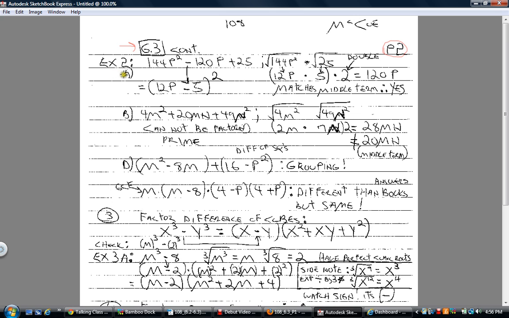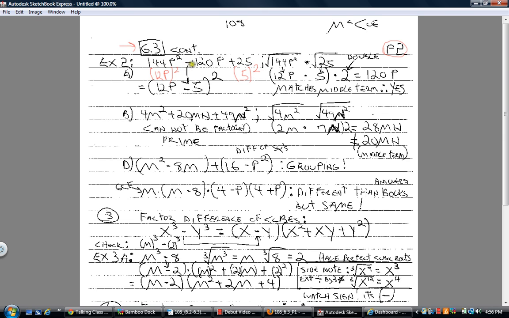Example 2 asks you, can you factor this trinomial? The first hint is, can you take the square root of the first term? Hopefully you're saying yes. Can you take the square root of the second term? Hopefully you're saying yes.